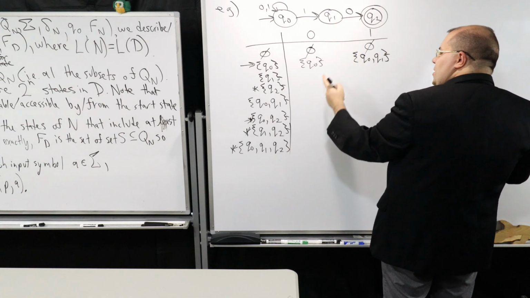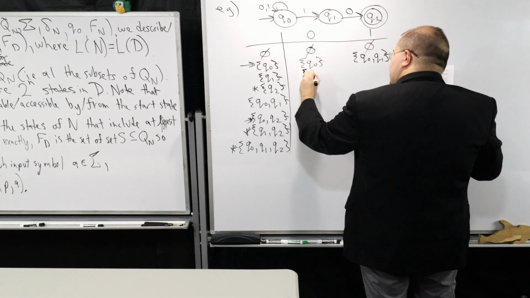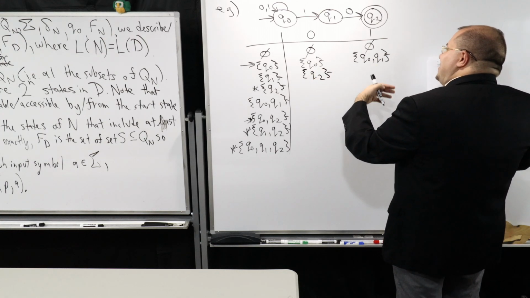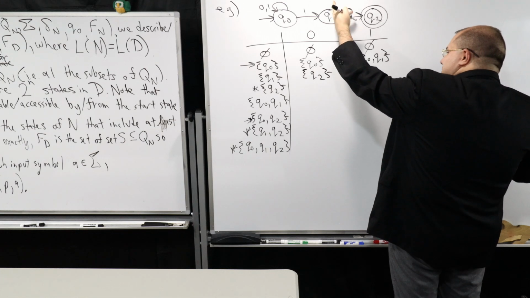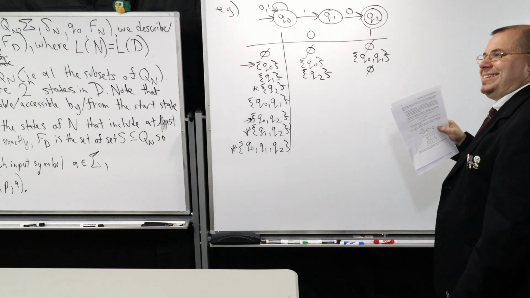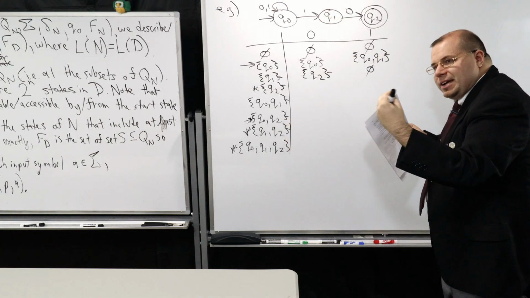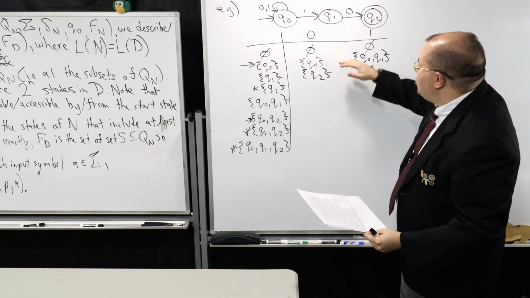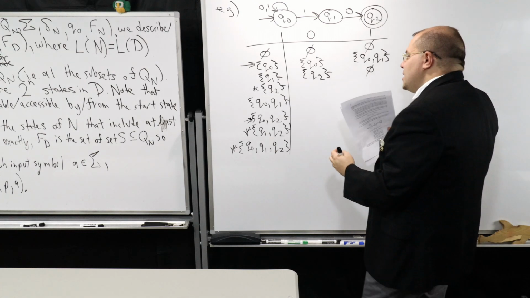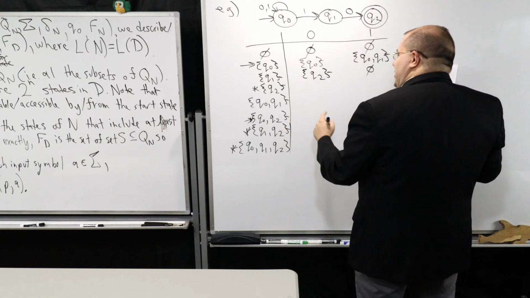It goes to Q2, perfect. And because there's no transition on Q1 with a 1, it's going to go to our dead state, because there's nothing to transition to. Remember, in delta, if you look at the actual transition table for this NFA, it would have an empty set right there, so there's nothing to union it with.